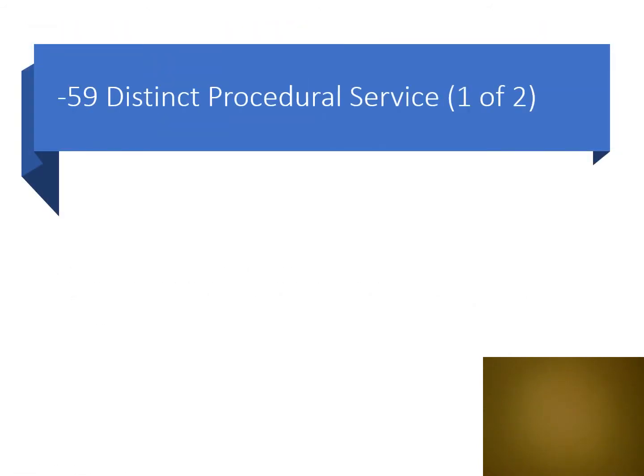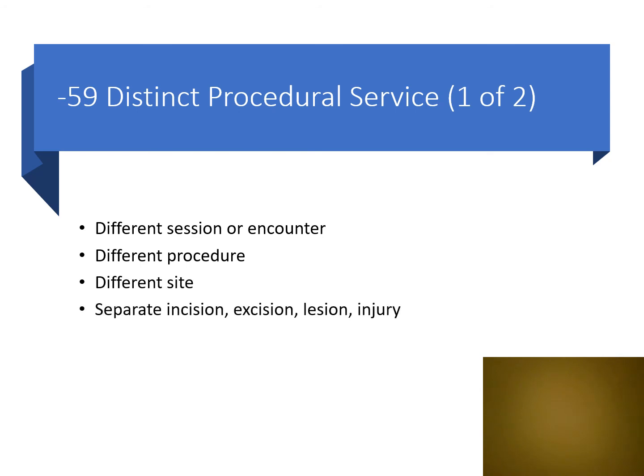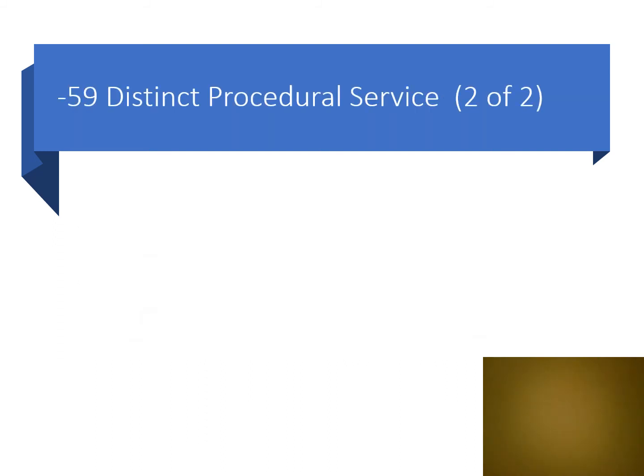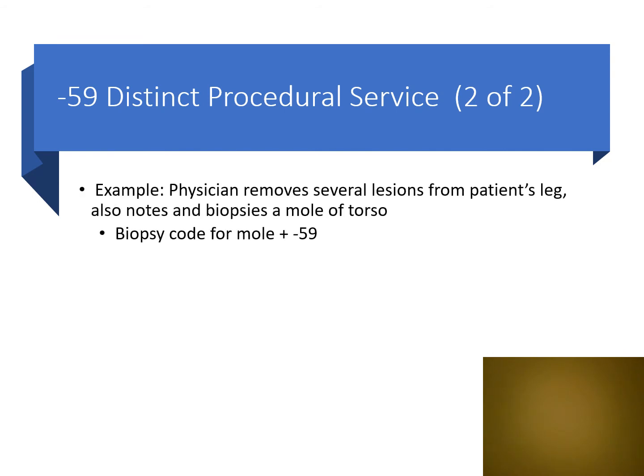Distinct procedural service. Modifier 59 is used for a different session or encounter or different procedure or different site, or a separate incision, excision, lesion, or injury. Do not use when another HCPCS modifier is appropriate. An example, physician removes several lesions from the patient's leg and also notes a biopsy of a mole on the torso.